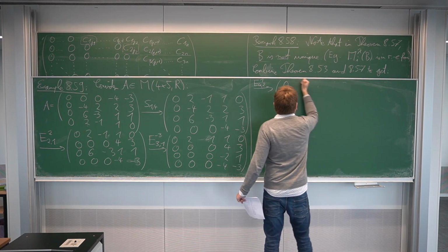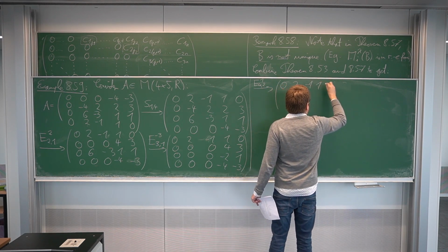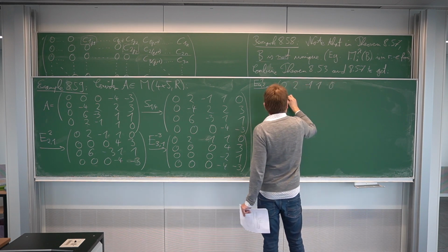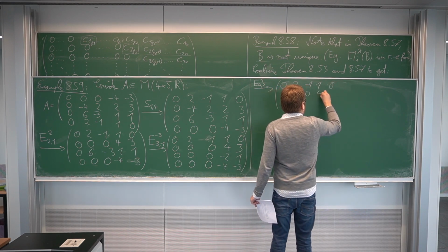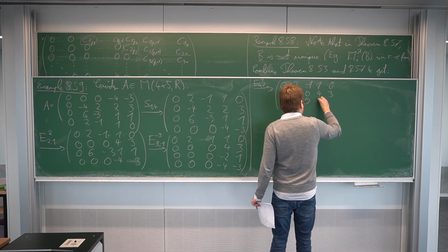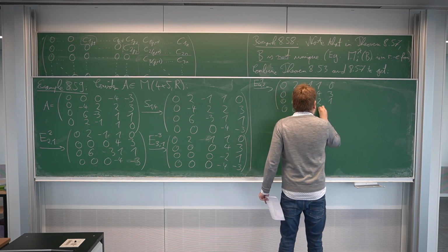Let's save some space here. 0, 2, minus 1, 1, 0. Okay, then 0, 0, 0, 4, 3. 0, 0, 0, minus 2 and 1. And 0, 0, 0, 0, 0.